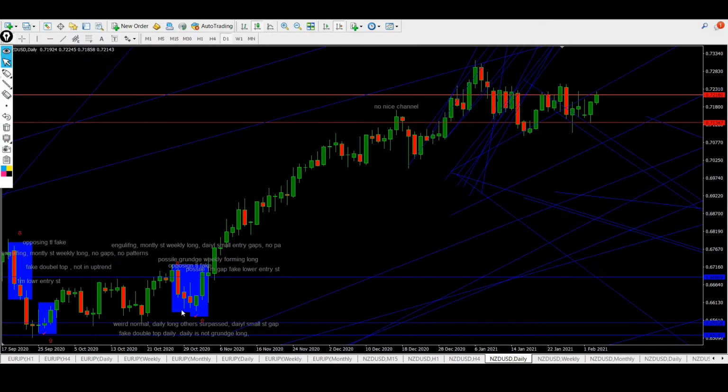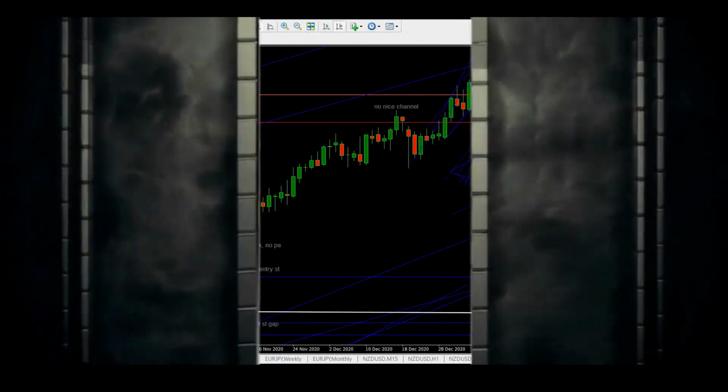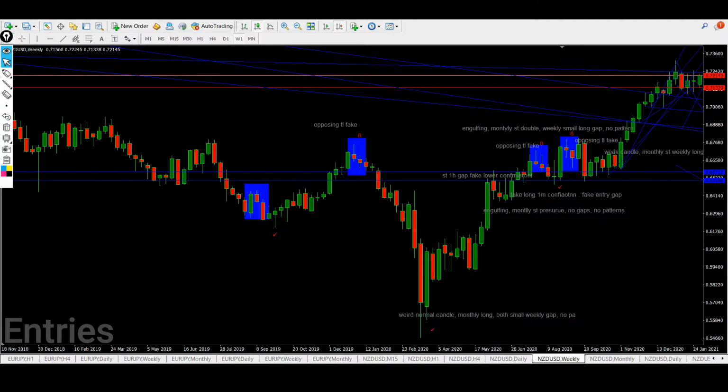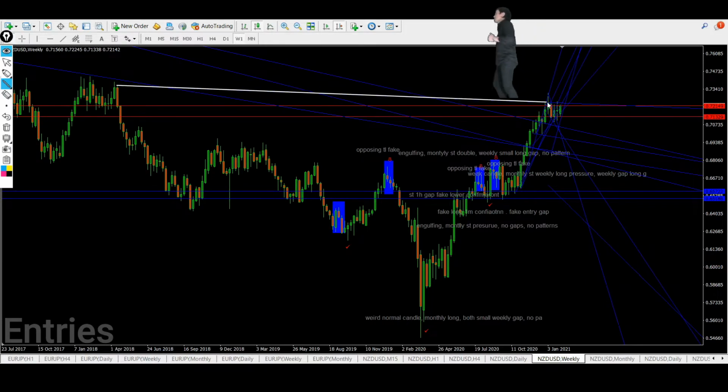Okay, the NZDUSD, let's do a quick overview. It was a week-long trade. Price went up just on momentum. So we're looking for a short right back down to this stop loss target right here. Okay, so let's go to entries. This is a weekly chart. Let me zoom out. We're talking about this trend line from this pivot to this pivot.